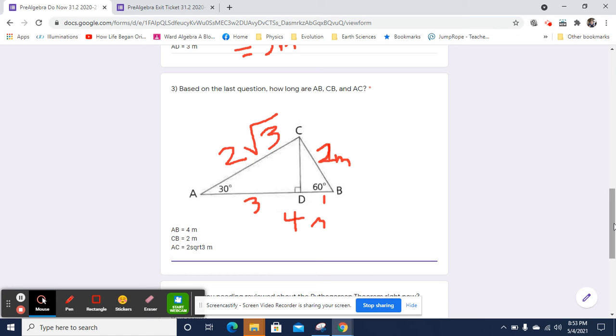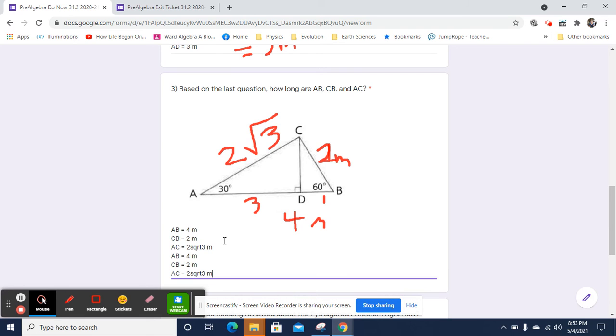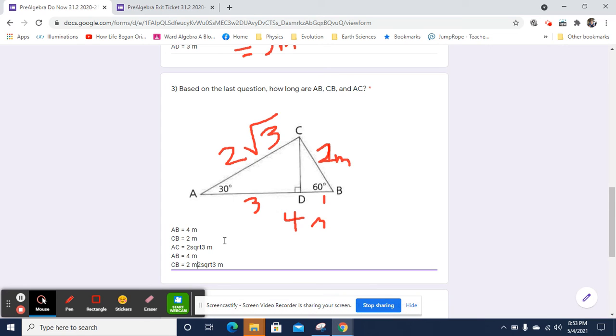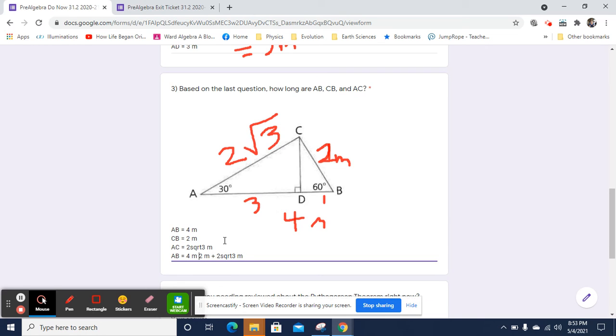Now, if we wanted to find the perimeter of this whole thing, what we'd do is add all those together. So let me actually do that just to demonstrate an important piece. Okay, that's 2 meters plus 2 root 3 meters, and 4 meters plus 2 meters.